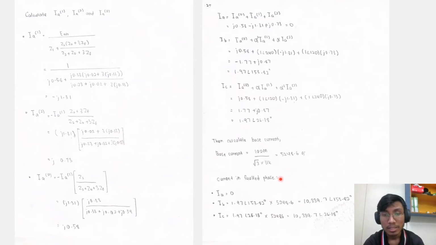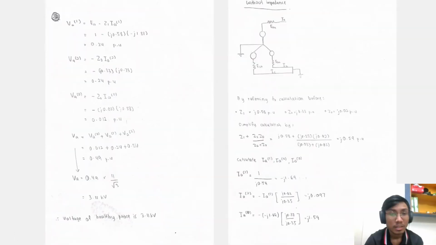Then we calculate the current in the faulted phase. For IA, it is equal to 0, and for IB and IC, we multiply the magnitude of current by the base current to obtain the new IB and IC. Then we calculate VA1, VA2, and VA0 using this set of formulas, obtaining the answer in per unit.